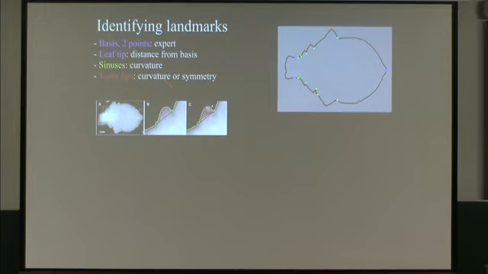It's basically whether in a given neighborhood of the point of interest, the part to the right is roughly symmetric to the part to the left with respect to an axis, well, to the normal to the contour. So this allows us to identify most of the landmarks automatically.